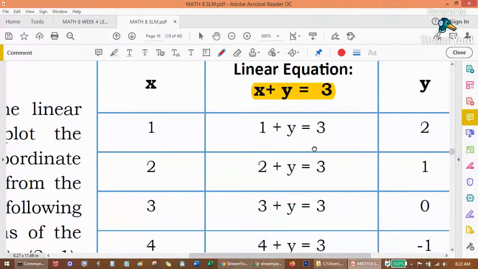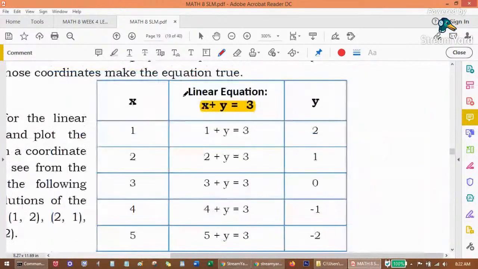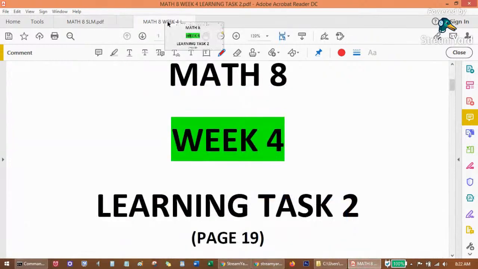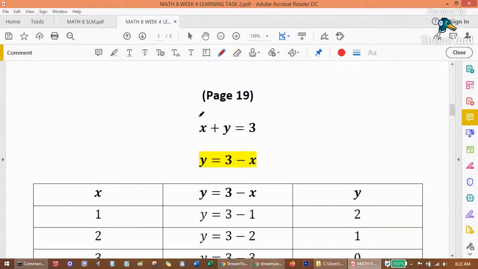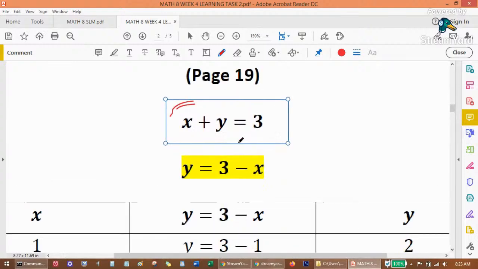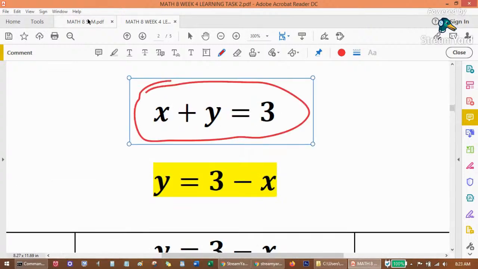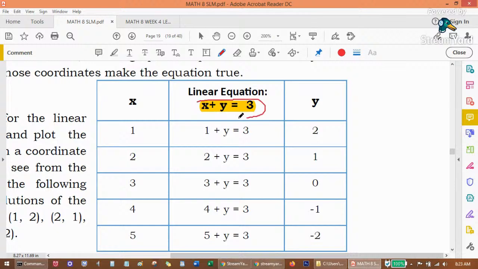So ganito ang gagawin. Gagawa ng table. This one is for the x. This one is for the y. And then dito lalagay natin yung computation. Okay? So meron akong ginawa dito. Yung pinapa-find sa atin na solution is x plus y is equal to 3.